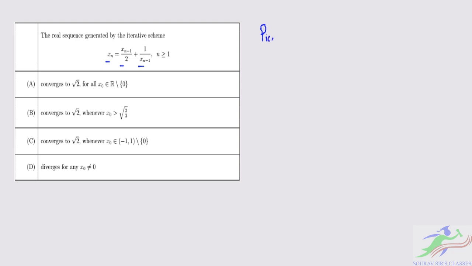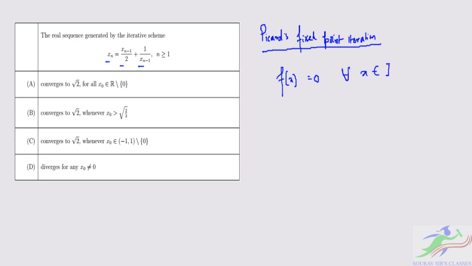In Picard's fixed point iteration, we know that f(x) = 0 for all x belonging to some interval I. From here we can get the solution, written as x = phi(x).